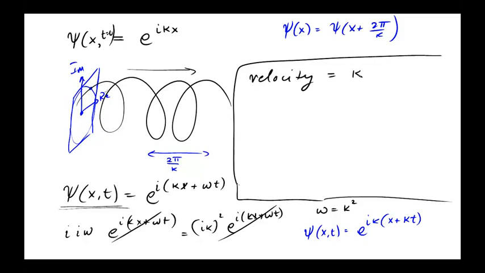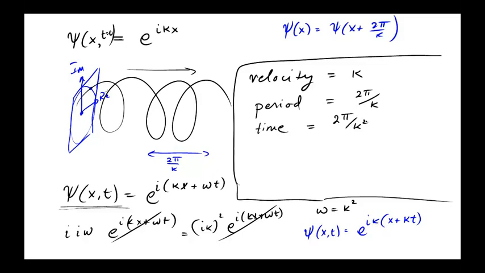Well, we already said that the period of the wave function is 2 pi over k. And if you look at the time dependence, e to the i k squared t, the time it takes for this wave function to precess through one full cycle is actually 2 pi over k squared.